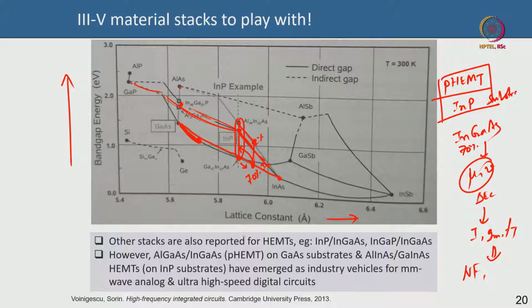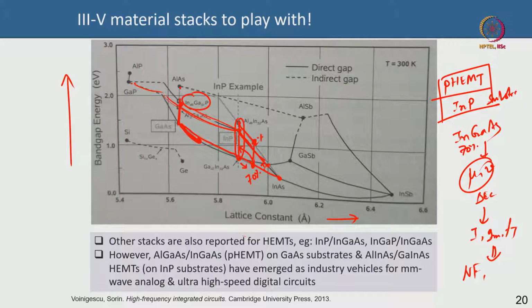You can have indium gallium phosphide with 51% gallium, 49% indium, which is perfectly lattice matched to gallium arsenide substrate. So, you can play with all these different lattice matching, mismatching, strain, etc. to design and develop an epitaxial layer stack to get better performance in terms of current, velocity, mobility.